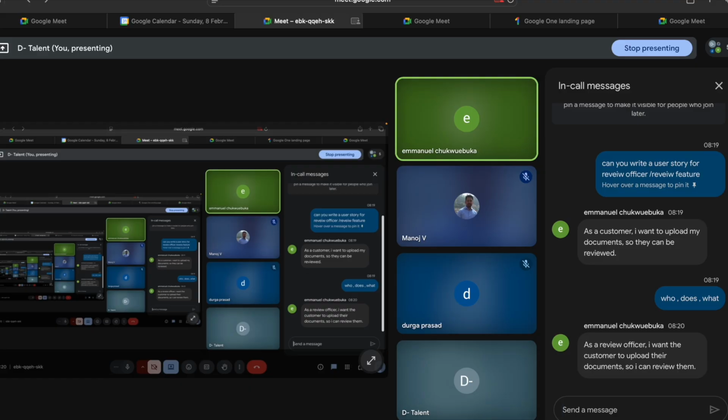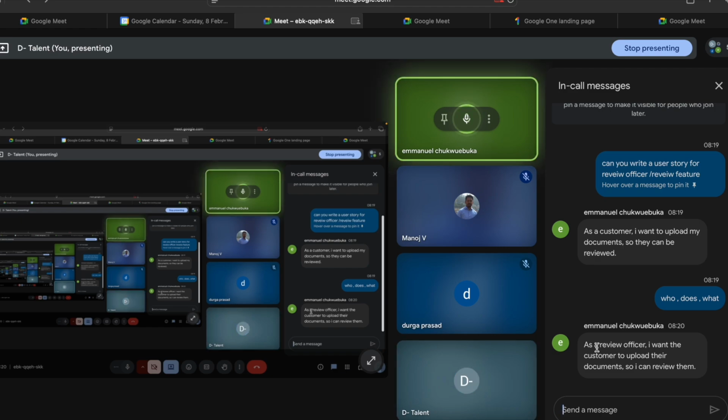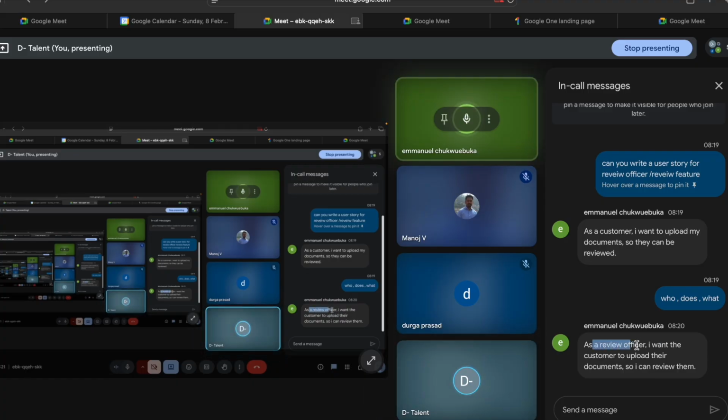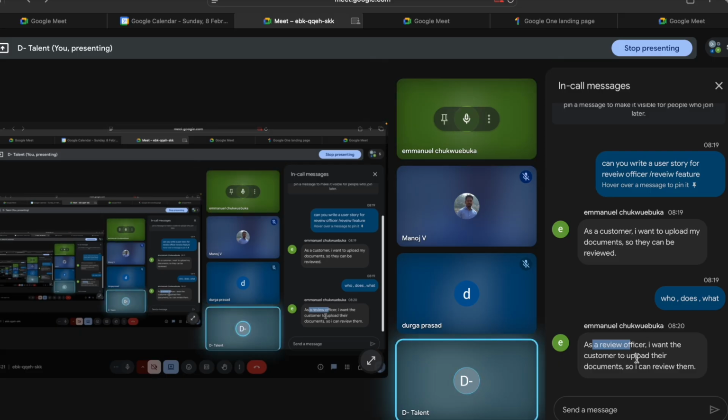So your feature should be review feature, right? I should be able to review uploaded documents. So upload is completed here, so that I can review and approve. So here the task where, so review officer is the who, what is doing review, what is reviewing claims, right? So that's how it should go.